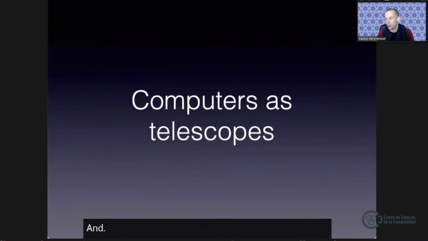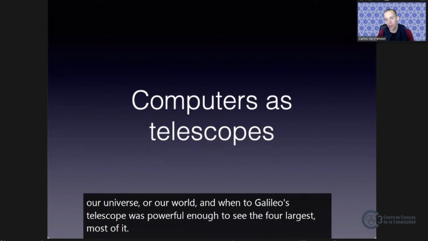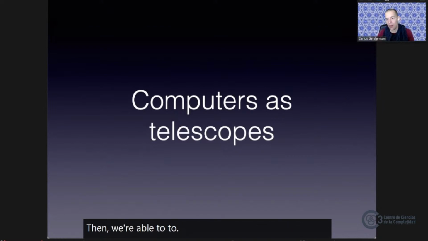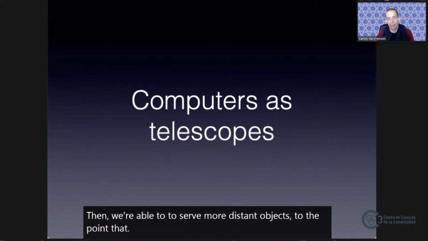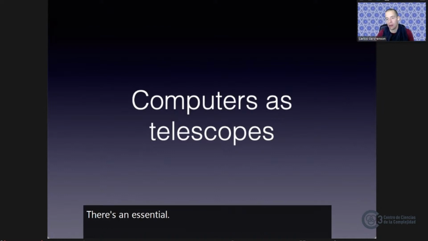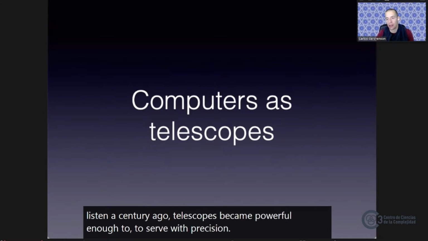And when, let's say, Galileo's telescope was powerful enough to see the four largest moons of Jupiter, and as telescopes became more and more powerful, we were able to observe more distant objects, to the point that only less than a century ago, telescopes became powerful enough to observe with precision other galaxies.